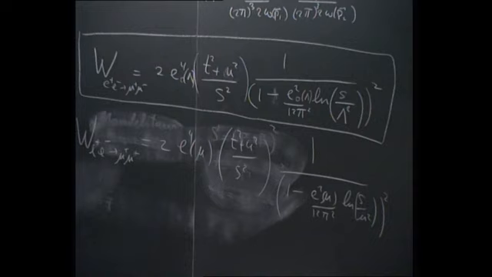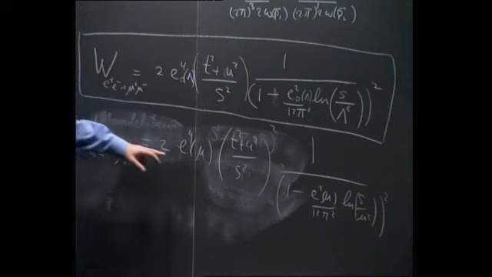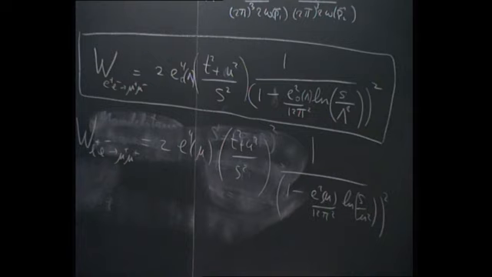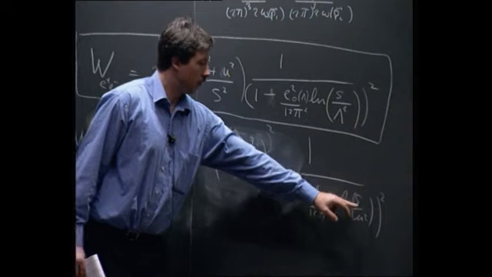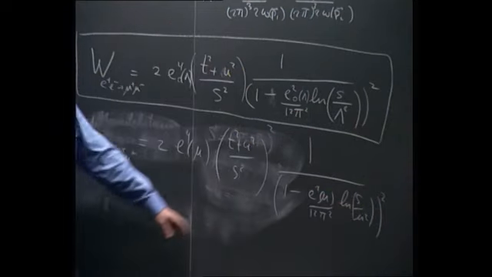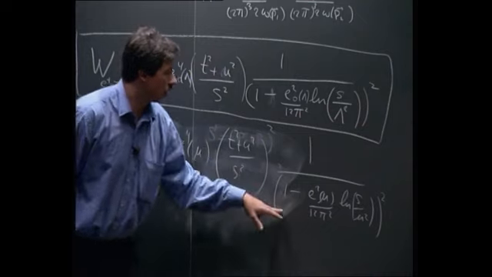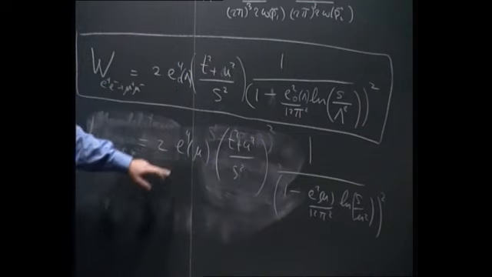However, I seem to have lost something else, namely that my expression seems to depend on this arbitrary value of the energy at which I did my experiment. I chose some particular value mu to do the experiment, and then I write down an expression that seems to depend on this choice of mu. There's one thing you can check, by the way, which is that if I take s to be equal to mu squared again, then the logarithm vanishes, and indeed I get back the result that I got.